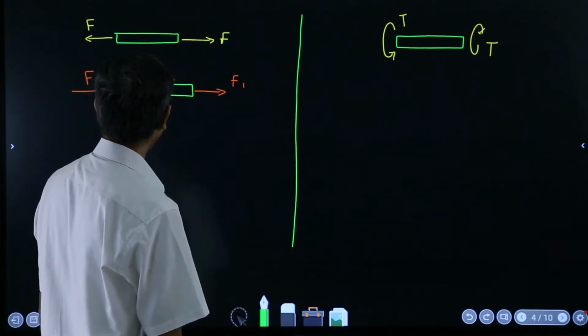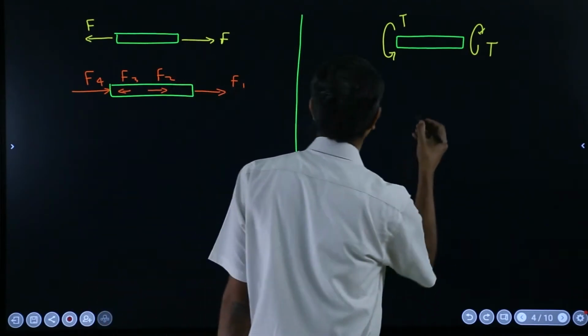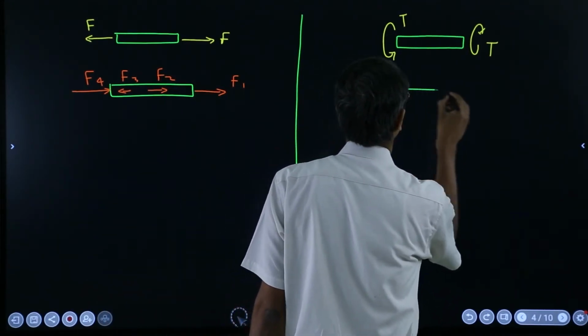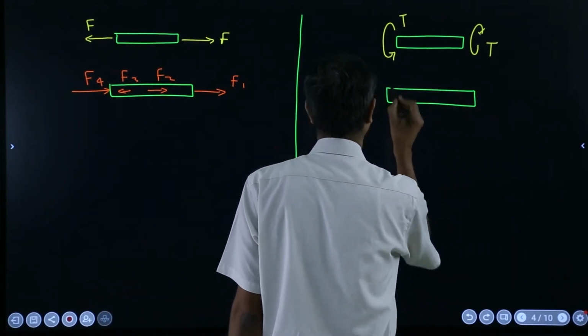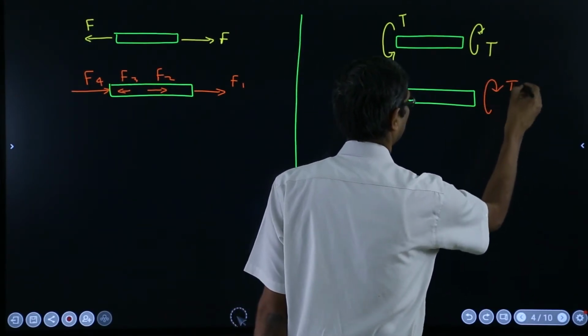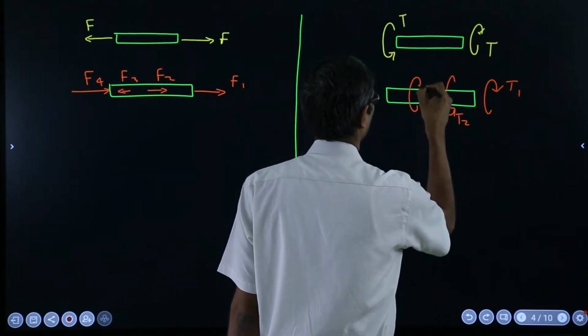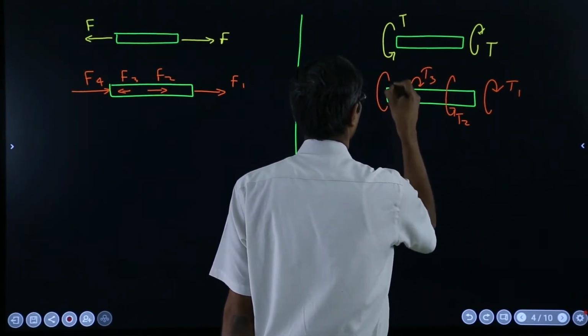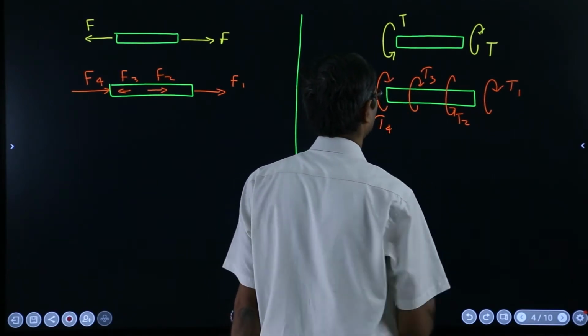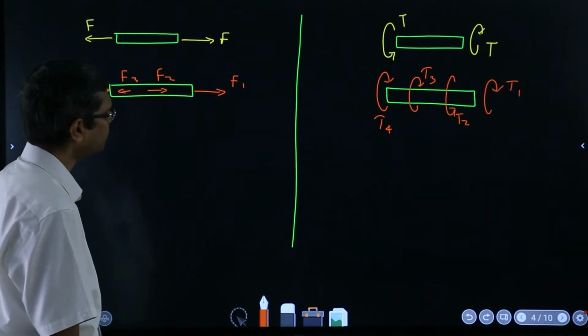Here the similar case is again like this. You have torque T1, torque T2, T3 and T4. This whole thing is under these conditions.